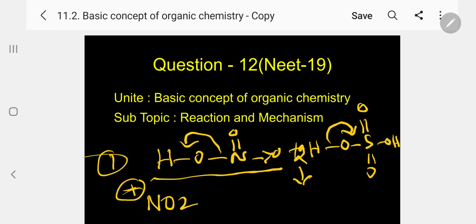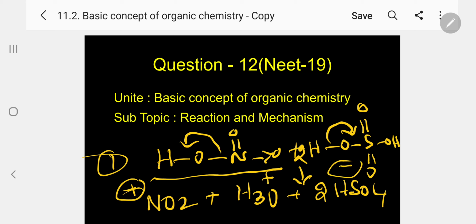This is the electrophile attacking the benzene ring. The other species is OH minus, and with two H+ they combine to give H3O+ and 2HSO4 minus. Dear students, this is the important first part of the mechanism.